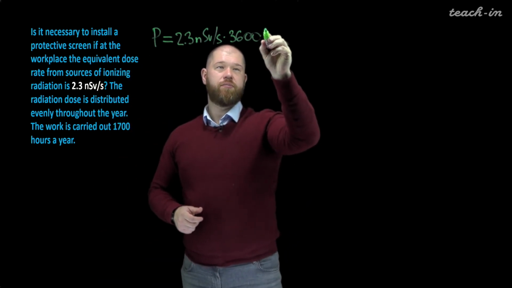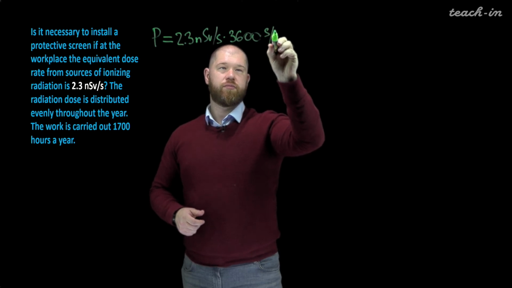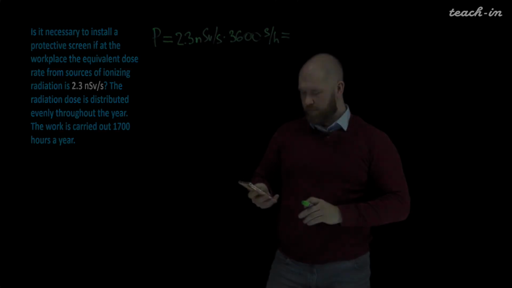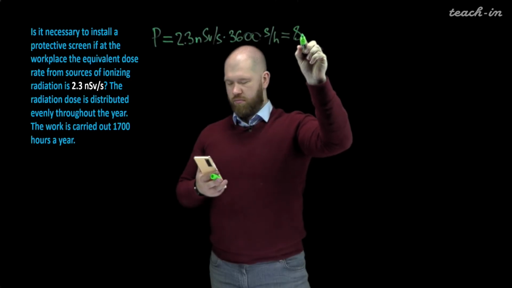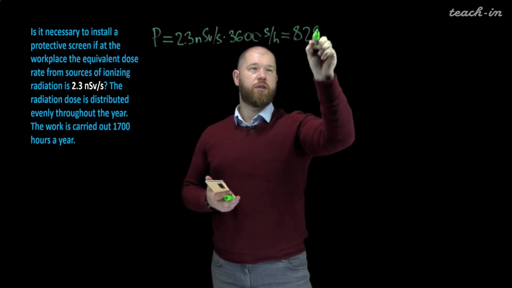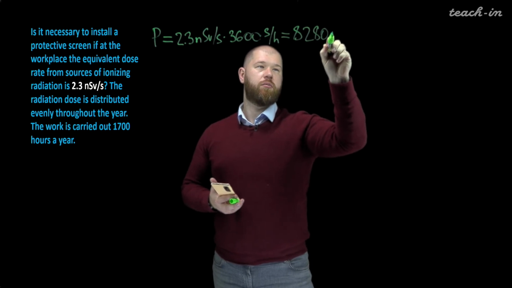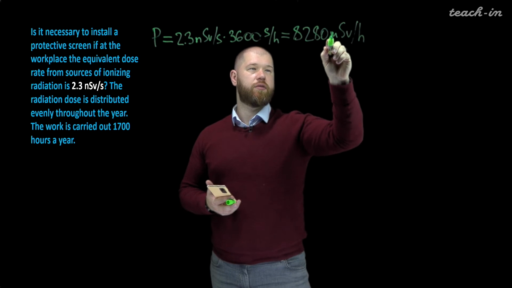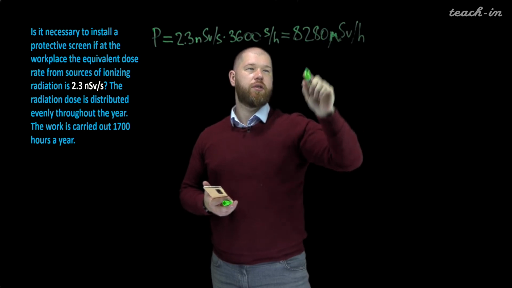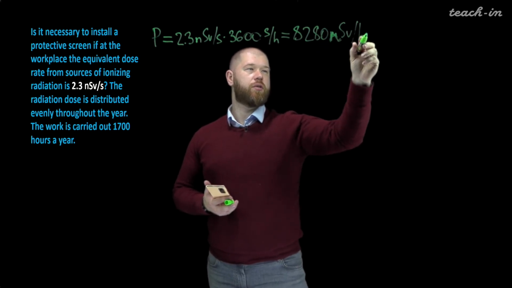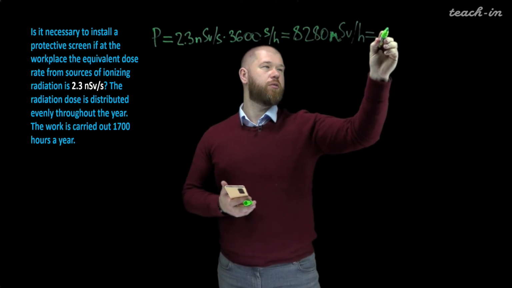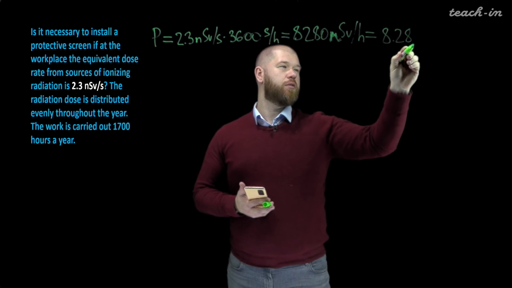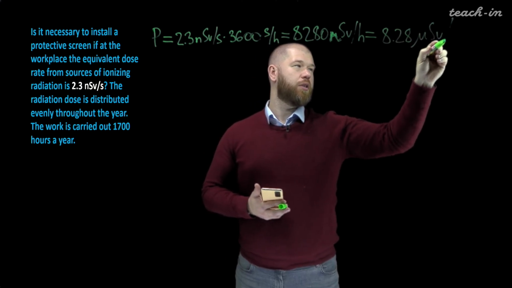And thus this dose will be 8,280 nanosievert per hour. And let's convert it to microsievert, so it will be simply 8.28 microsievert per hour.